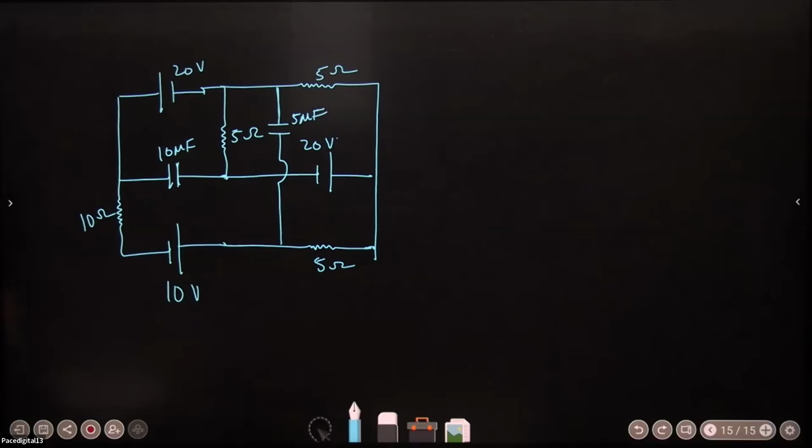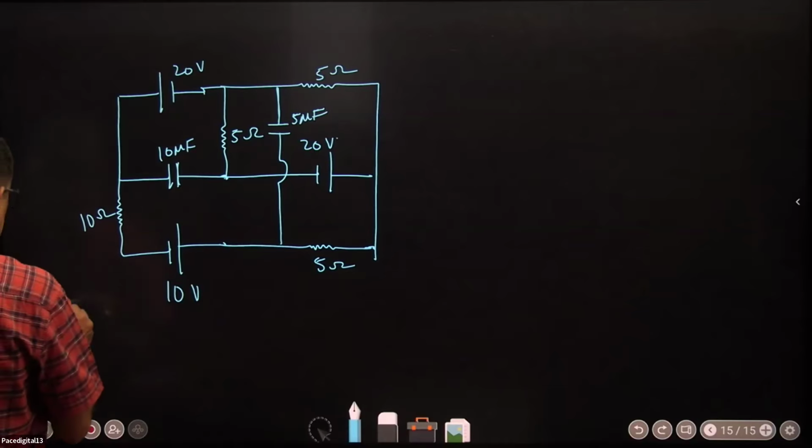650 by 7, 900 by 7. 650 by 7 is on the 5 microfarads. 1900 by 7 is for the 10 microfarads.